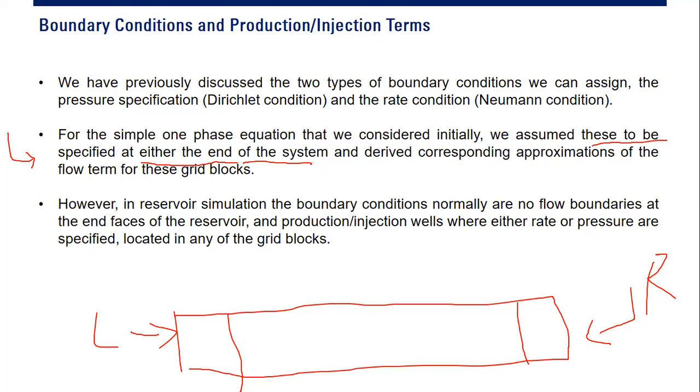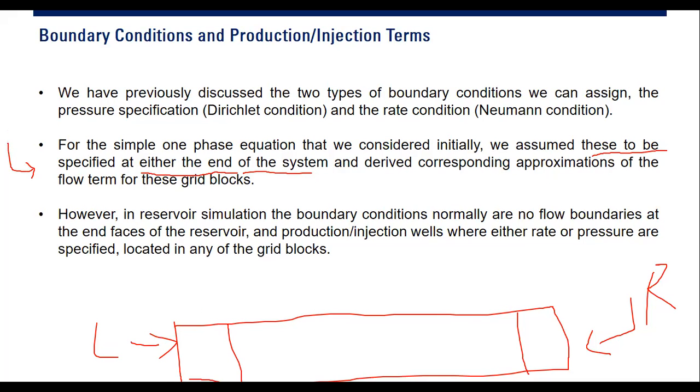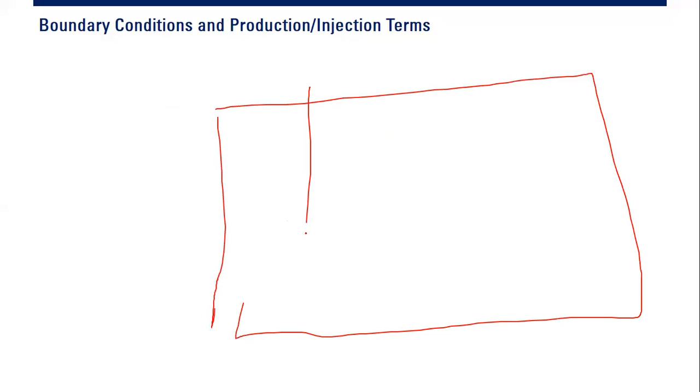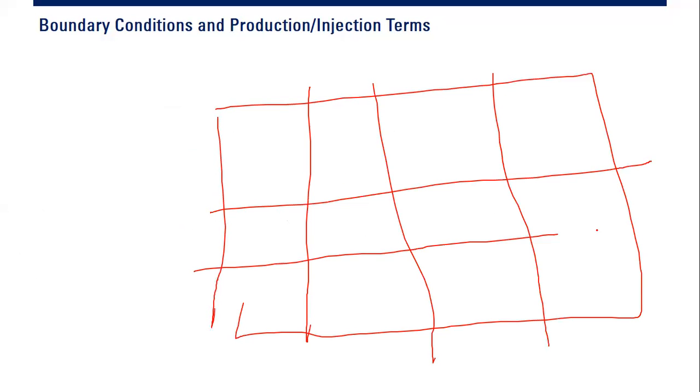However, in reservoir simulation, the boundary conditions normally are no flow boundaries at the end phases of the reservoir, and production or injection wells where either rate or pressure are specified located at any of the grid blocks. So if we have a reservoir simulation here, usually this boundary will be a no flow boundary.